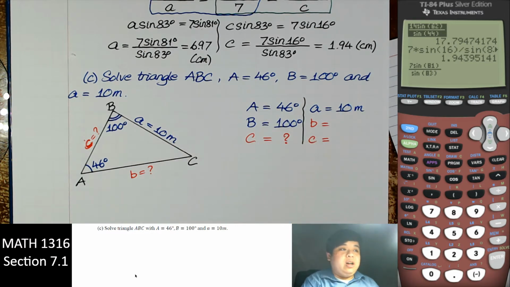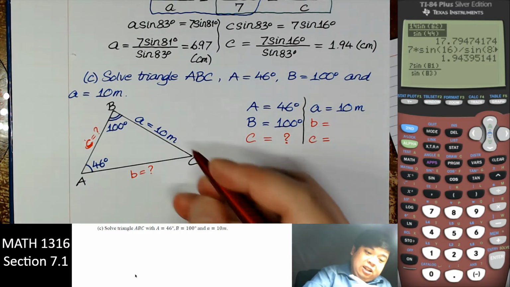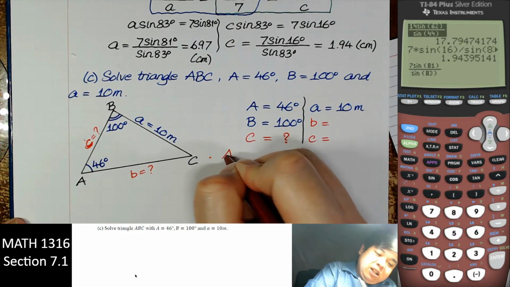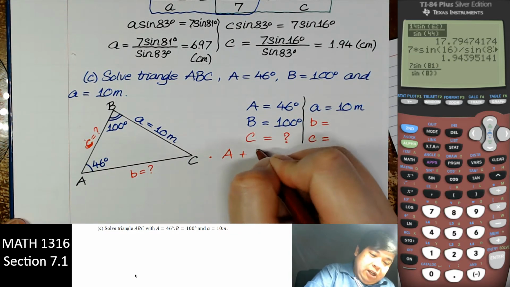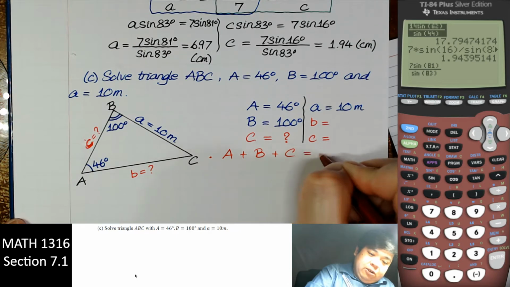So that is the law of sines without doing anything. Right. But first, since we know two angles, just find the third angle.